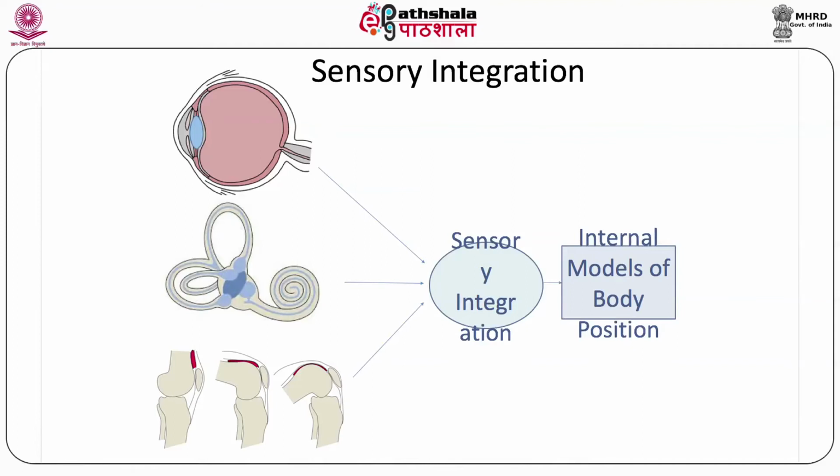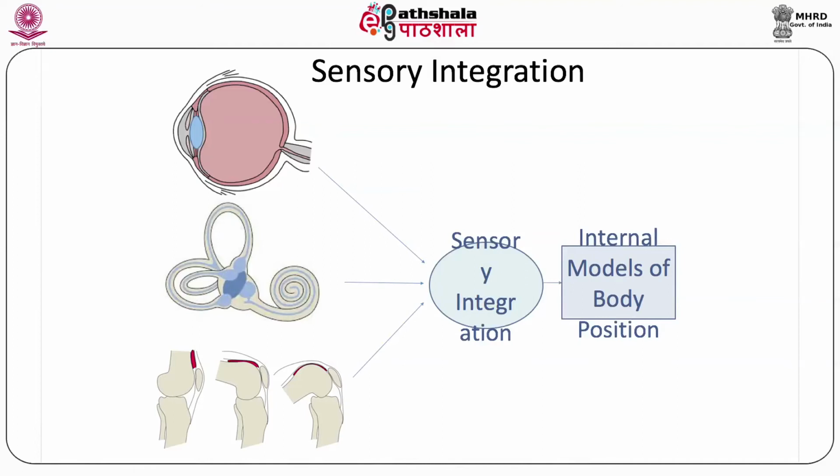Each of these frames of reference has to be constructed at the supraspinal level, and sensory integration is a weighted integration, as in weightage is given to the appropriate sensory modality based on how relevant it is in the current scenario. For example, if you are walking on plain ground, then visual information is considered to be reliable.